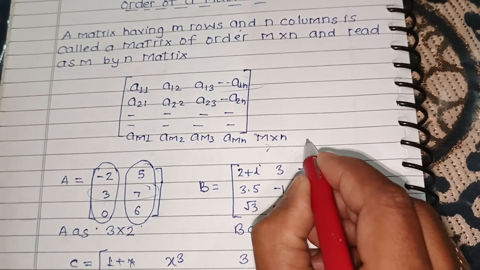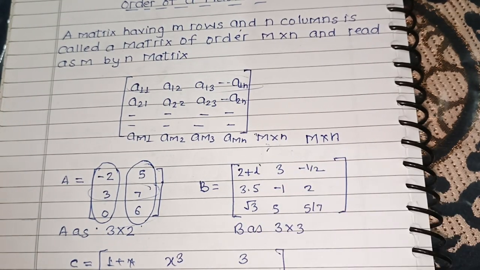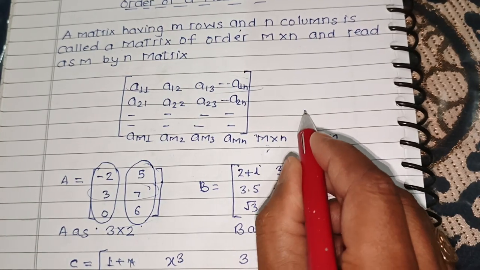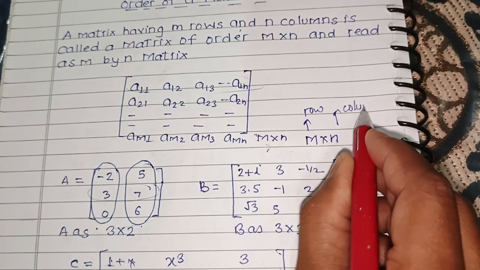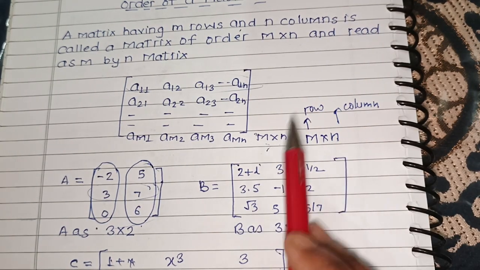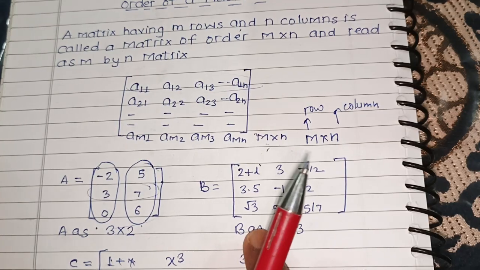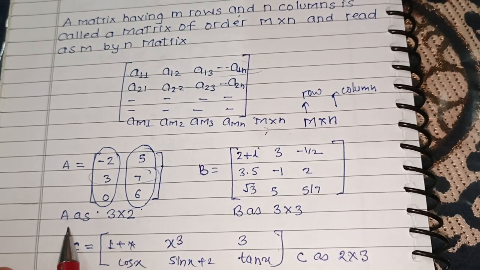Okay, so the matrix will be denoted by m into n. This is denoted row and this is denoted column. You should keep in your mind. Okay, so this is what? A is 3 into 2.